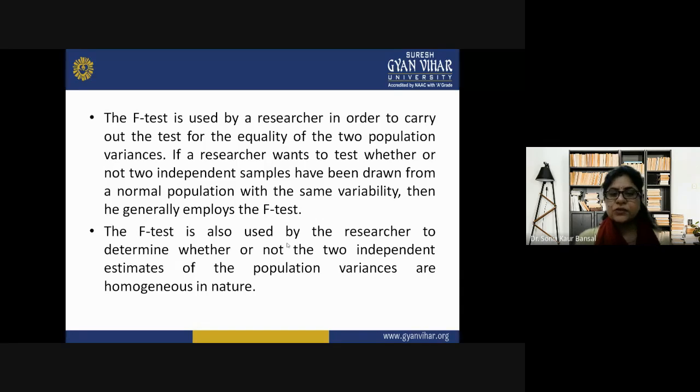The F-test is also used by the researcher to determine whether or not the two independent estimates of the population variances are homogeneous in nature. So you have to see whether the population variances are homogeneous or not. That is the reason we are going to look at it.